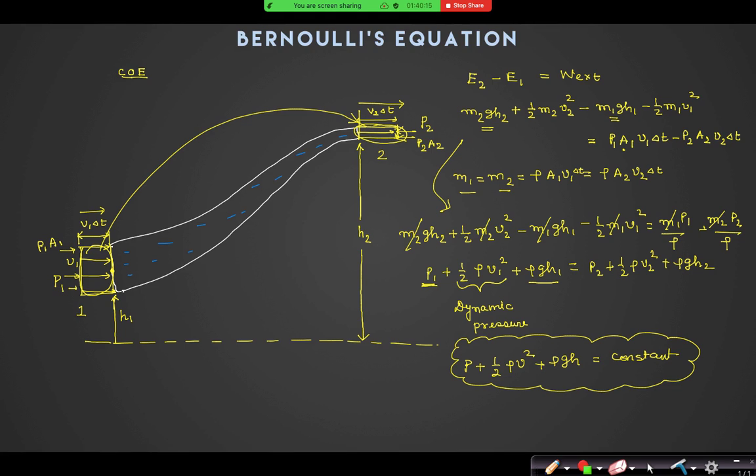So this P plus rho GH plus half rho V square, these three terms collectively have a name: total pressure. It includes the pressure at a particular point. If they ask you what is the pressure, actually they are asking about this P only.